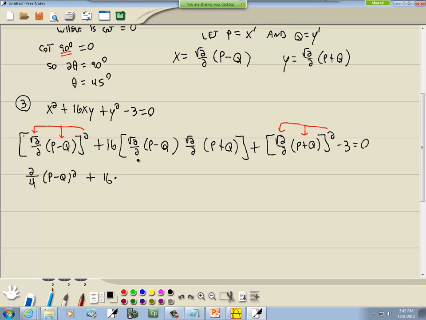Square root of 2 times square root of 2 is 2, 2 times 2 is 4. And then (p minus q) times (p plus q). And over here, again, when you square the square root of 2 it gives you 2, and you square 2 gives you 4. And we got (p plus q) squared, minus 3.